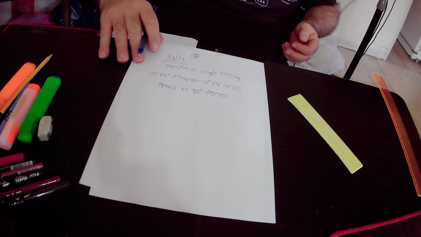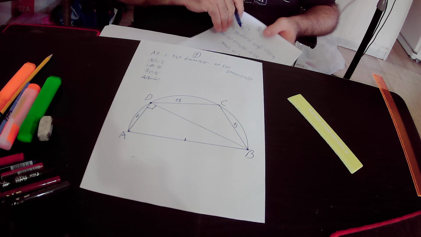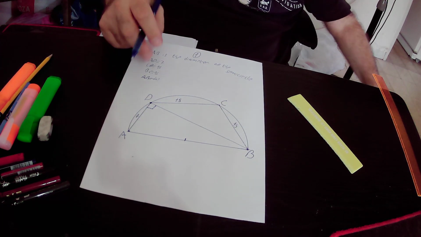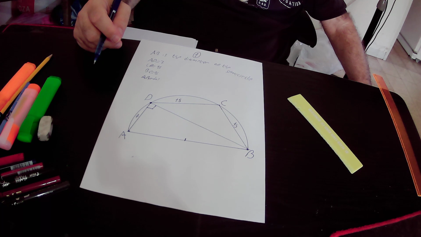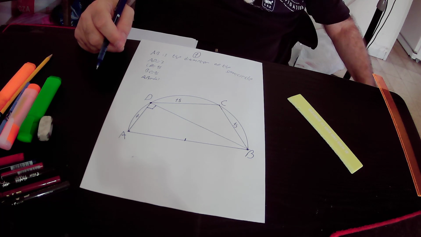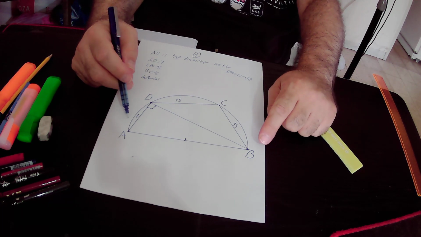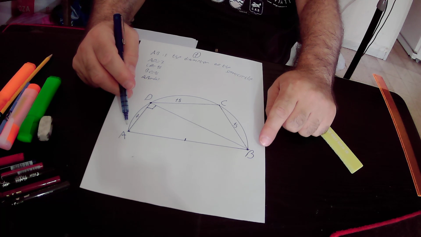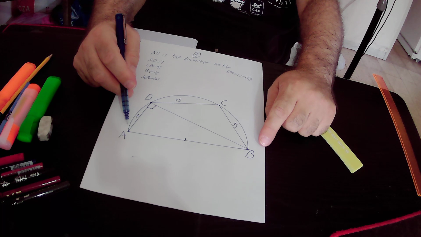So actually we have here a peripheral angle ADB that rests on AB, that is the diameter of the semicircle.